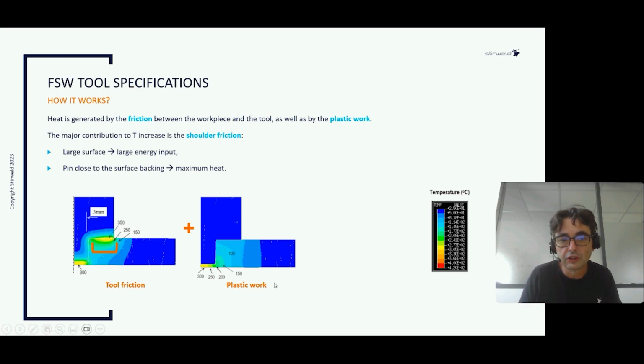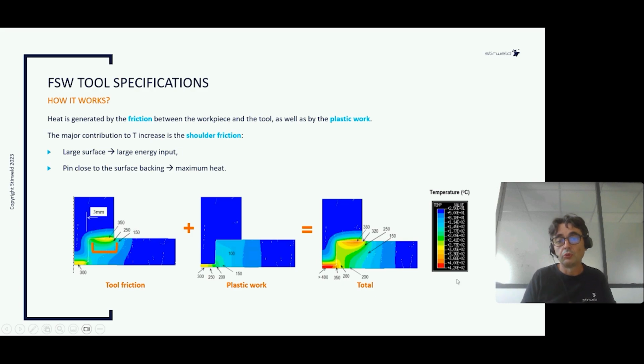So here we simulate only the heat coming from the plastic work. As you can see, we have about 100 degrees C here, and it's also very hot under the pin. Now we can sum these two phenomena, and we get this result.